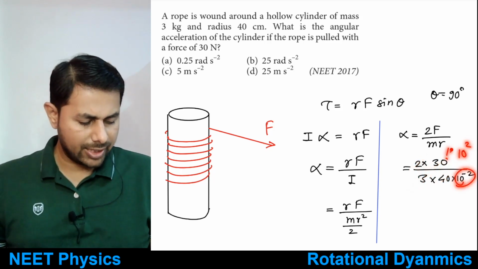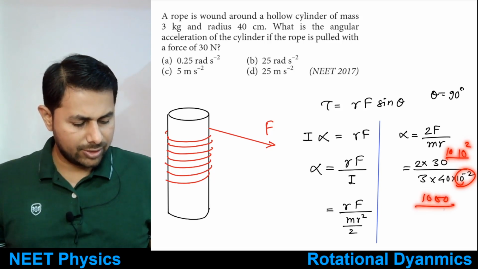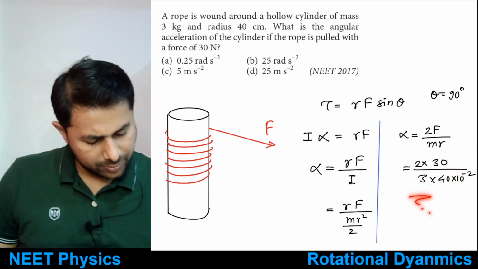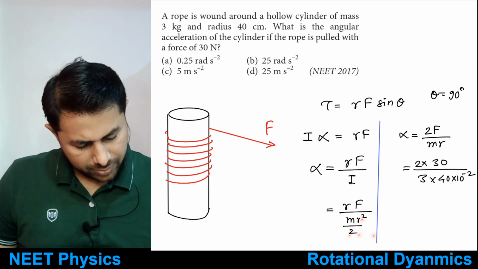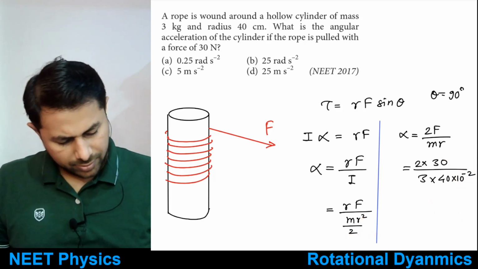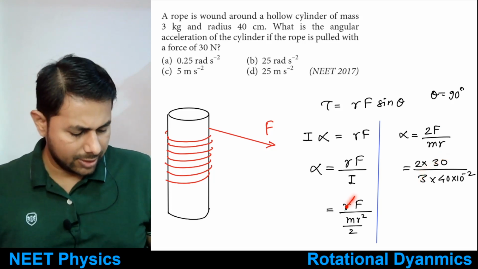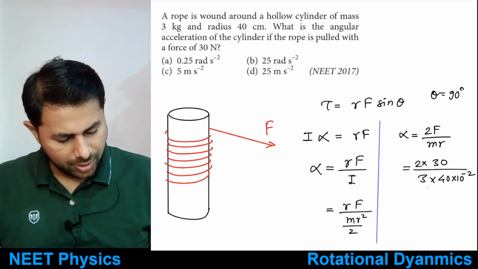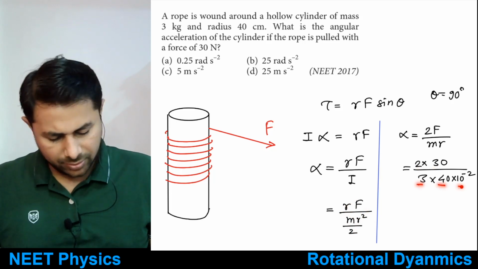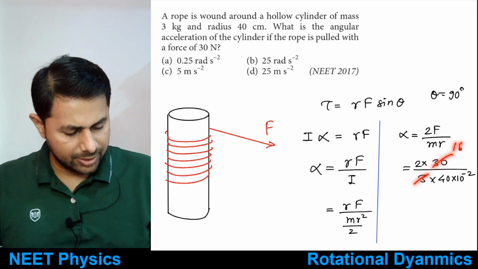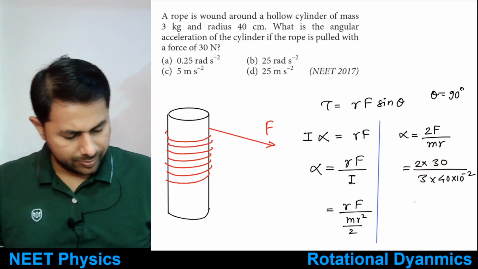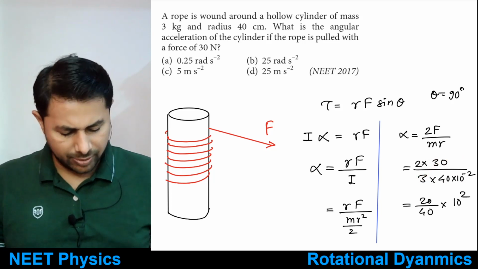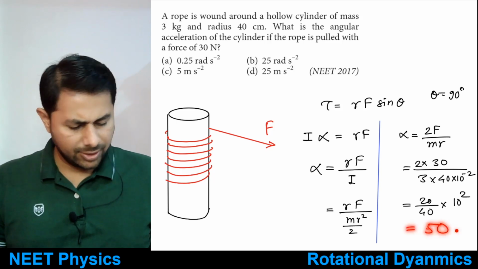Let me check my calculation: 2 times 30 divided by 2 multiplied by 40 into 10 raised to minus 2. 30 by 3 is 10, so 20 in numerator, 20 by 40 means 0.5, into 10 raised to plus 2. So it has to be 50, I guess.